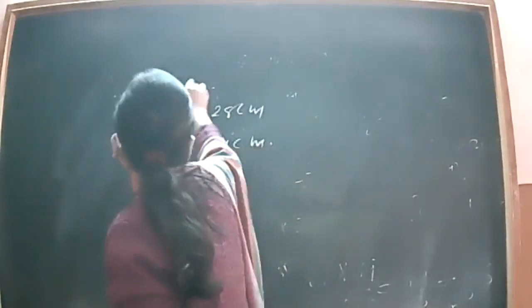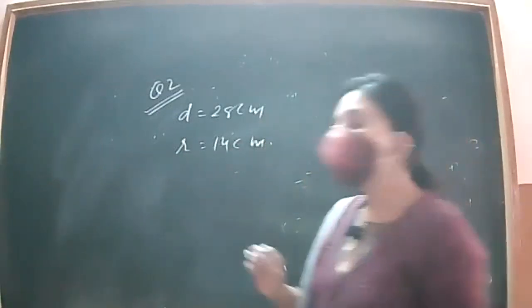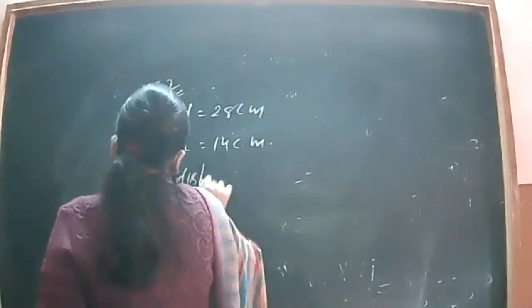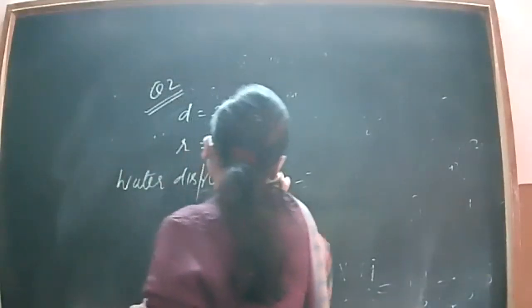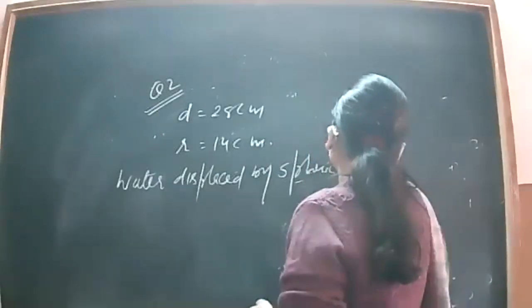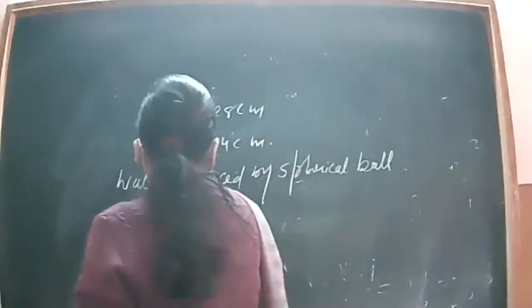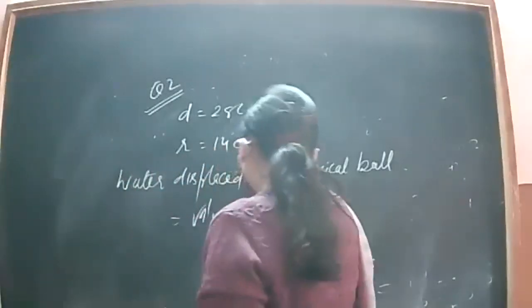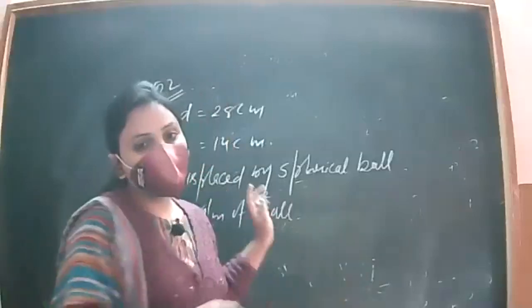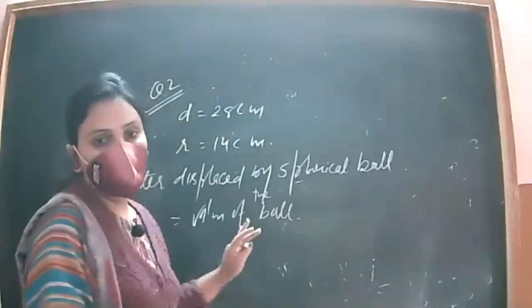Question number 2. We will write water displaced by spherical ball is equal to volume of the ball. जितना बॉल का वॉल्यूम होगा उतना ही पानी बाहर आएगा. It will be the same as the volume of the ball.